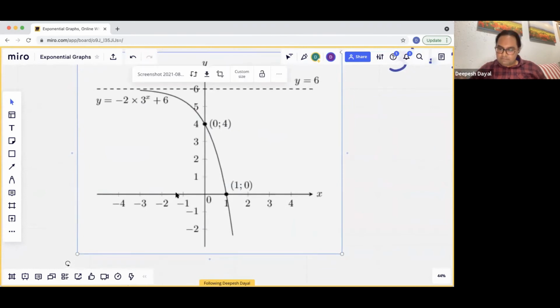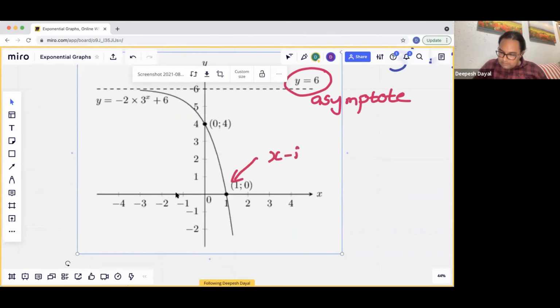Okay, so we've got here our asymptote, which is y equals 6. So that was our asymptote. Then we got our x-intercept here. And we've got our y-intercept here. And then we have our shape of the graph here, right?